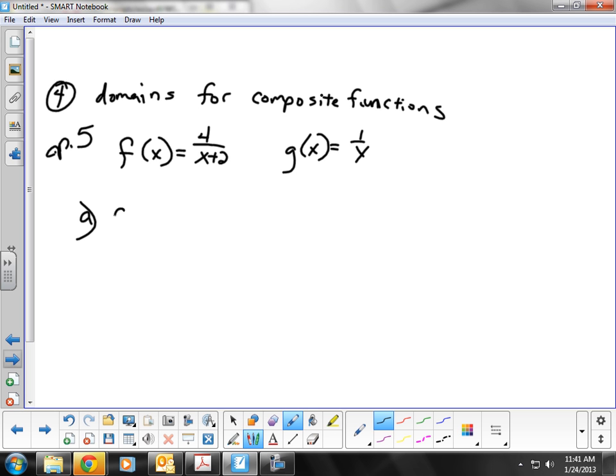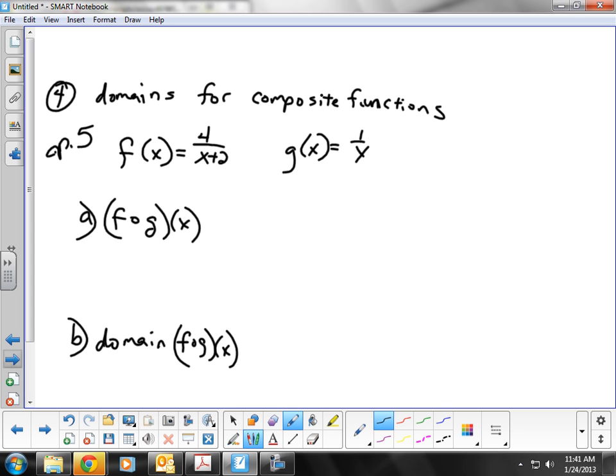First of all, they want me to find F composed G of X, and then on part B, they want me to find the domain. Because remember, this one's kind of interesting when it's a composite function. And this one's even more interesting because they're fractions with variables in the denominator, so I am going to have some things excluded.